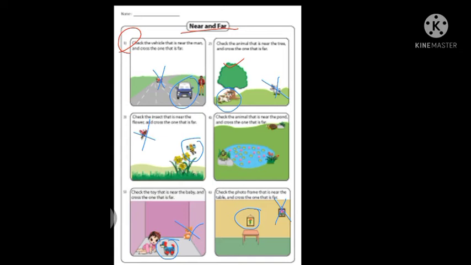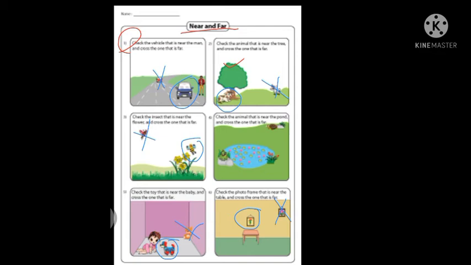Concept of near and far: near means the distance from that object should be less and we can easily reach that object, and farther means it takes time to reach there, or the distance should be more, right?